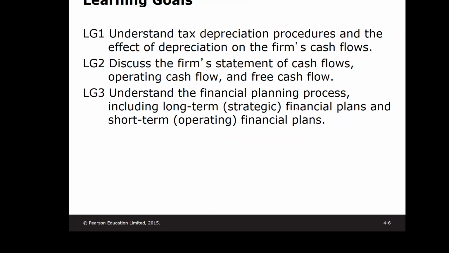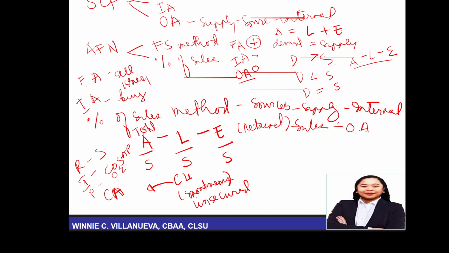Okay? If it comes from the operating activities, then ano yung internal source ko dito? It would be profit. Diba? Anuhin na natin. Dito na tayo. Start uli tayo. Asset is equal to liability plus equity and percent of sale.